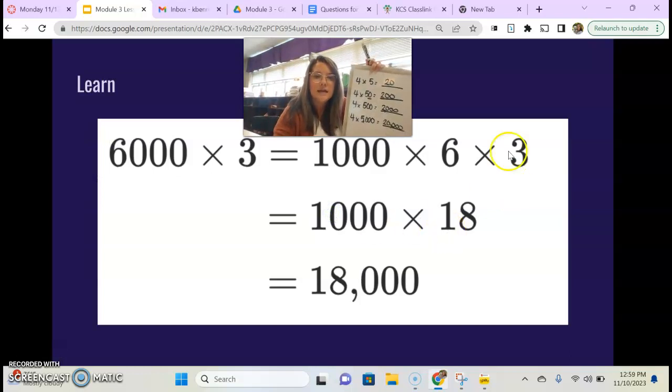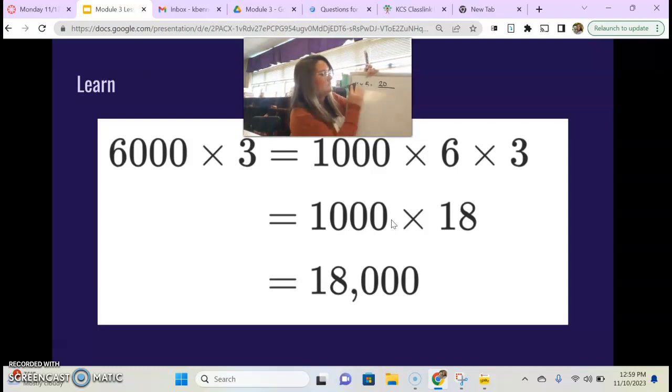Take a look at this image here. What do you notice? So we have 6,000, and I know you can see it on the screen, but it helps for me to write it: 6,000 times 3 equals 1,000 times 6 times 3 equals 1,000 times 18 equals 18,000.